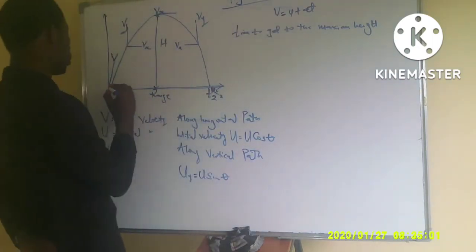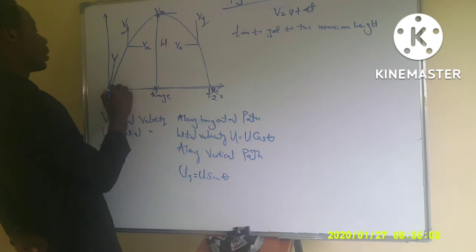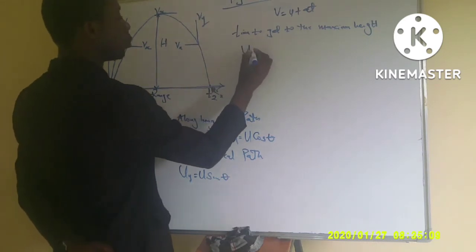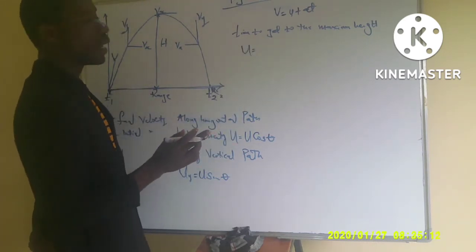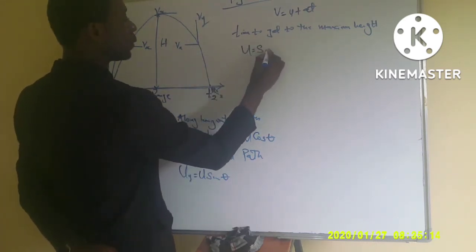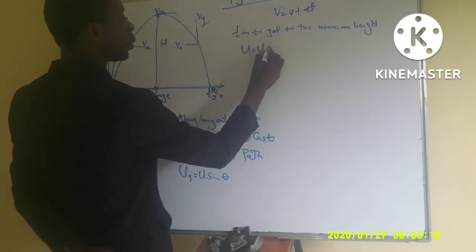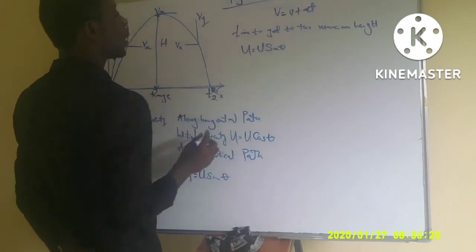When the body was moving, it started from an initial velocity. The u that took it in a vertical direction is u sine theta. I told you it's equal to u sine theta.